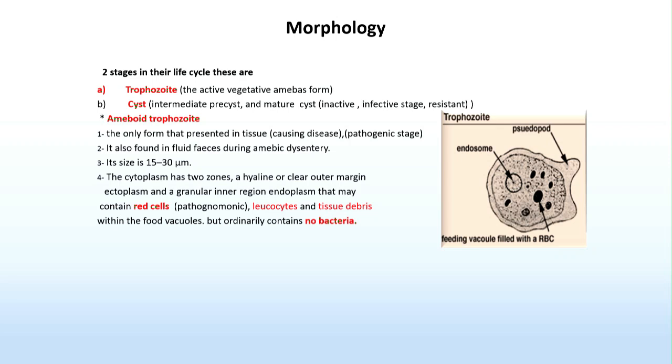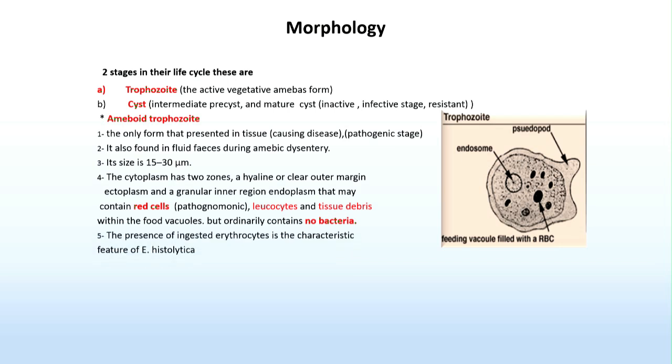The cytoplasm of the trophozoite has two zones: a hyaline, clear outer margin, the ectoplasm, and a granular inner region, the endoplasm, that may contain red cells, leukocytes and tissue debris within food vacuoles, but ordinarily contains no bacteria.